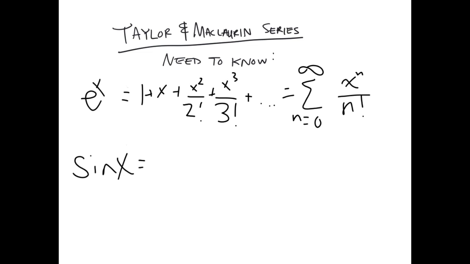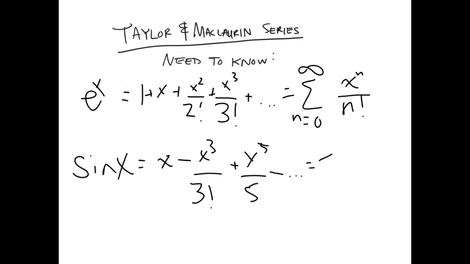Okay, for sine, if it's not centered at pi over 2, it's actually going to be an odd expression. So sine itself is an odd function, and that's how I remember this. Cosine's an even function, but at 0, sine is 0, so we have x minus x cubed over 3 factorial plus x to the 5th over 5 factorial minus dot dot dot. The way that we can simplify this is we're starting at n equals 0.